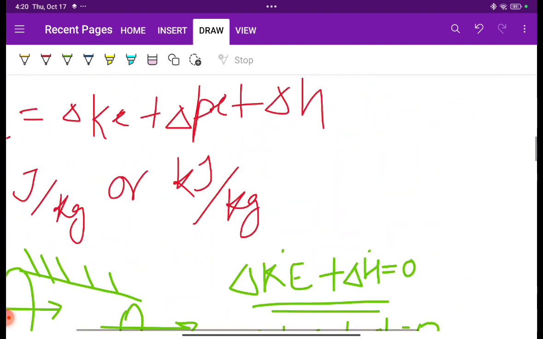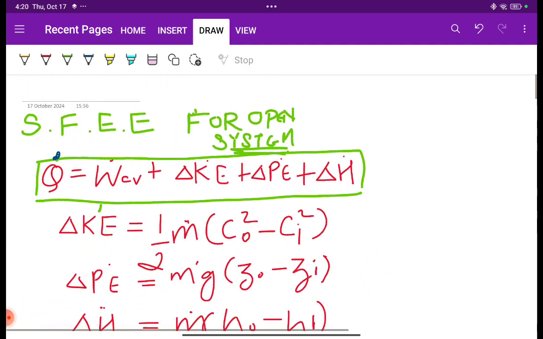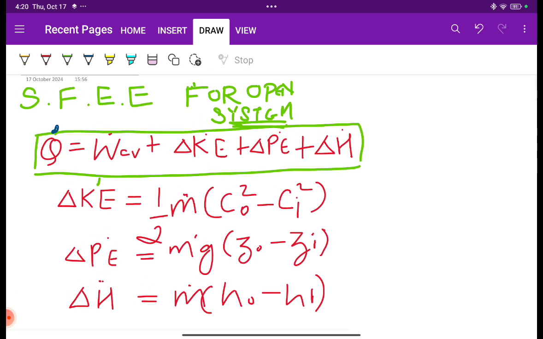So what we have done is we started from the steady flow energy equation, which is the general form, which came from the energy flow equation. In the energy flow equation, there is a term called delta E as well, but in this case we know there's mass flow rate, and the change of energy with respect to time will be almost zero in the case of steady flow. That's why we haven't written that.